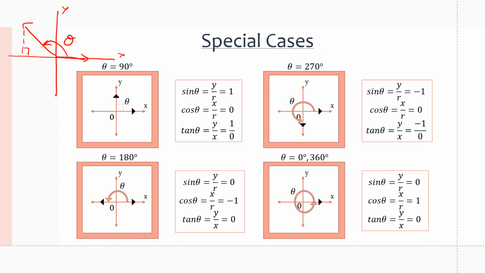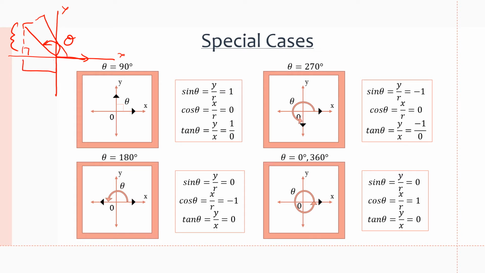As this principal angle keeps going to 180, it's going to push this triangle down from here. Our y side is going to get shorter and shorter until it hits 0. And once the triangle is at the x-axis, our hypotenuse is going to be the same length as our x length.